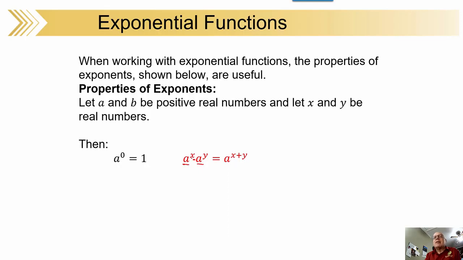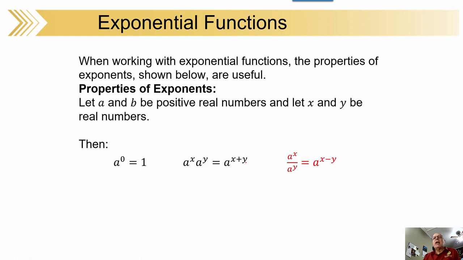The x a's here and the y a's here, for example. Let's suppose we've got 2 to the 7th times 2 to the 11th. Since this means there's 7 2's, and this means there are 11 2's, all told, you've got 18 2's as factors.